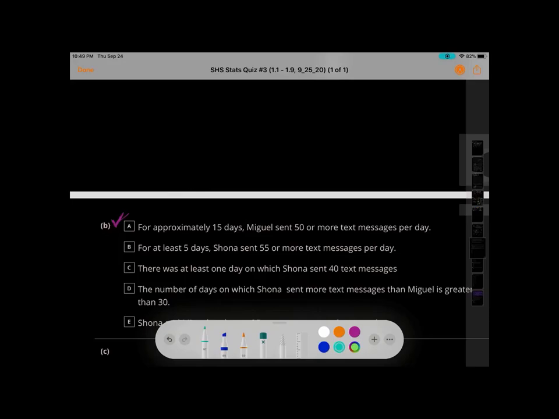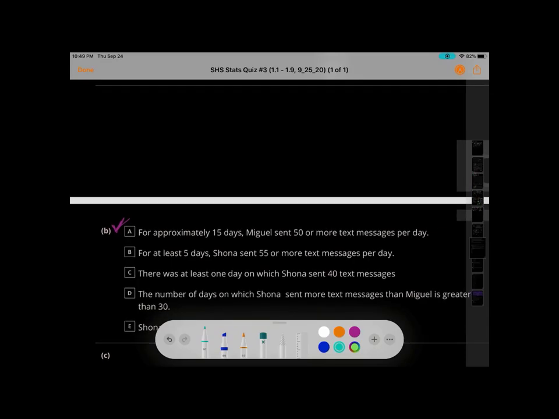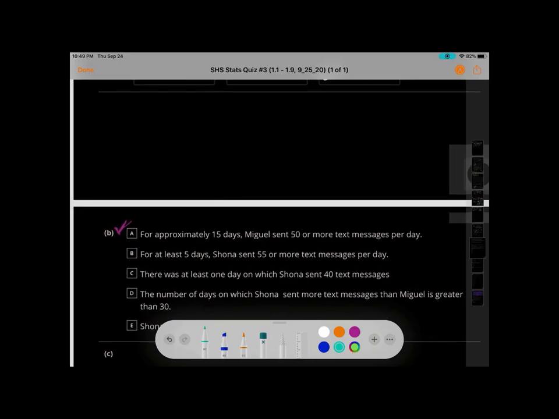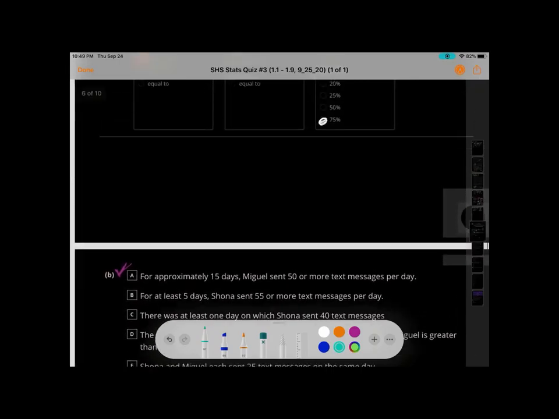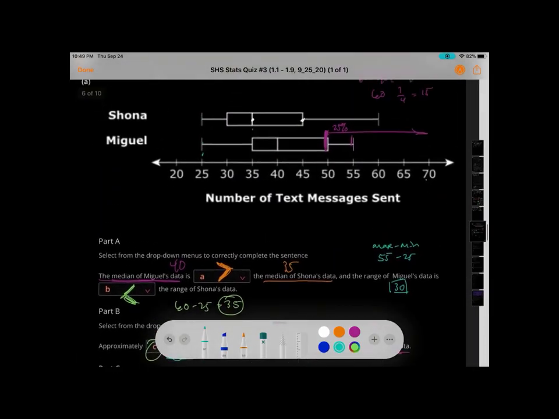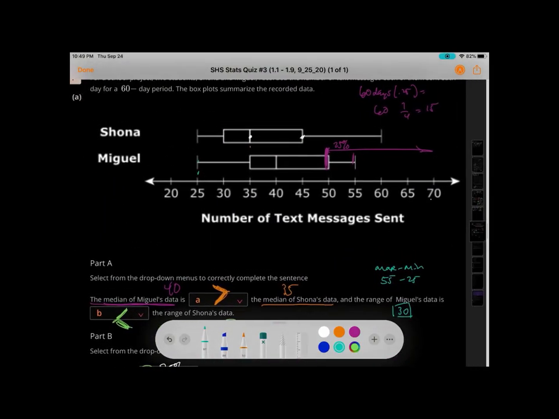For at least 5 days, Shona sent 55 or more text messages per day. So let's go to Shona, 55. And you're saying at least 5 days. Okay, so this is quartile 3, right? So it's 75%.